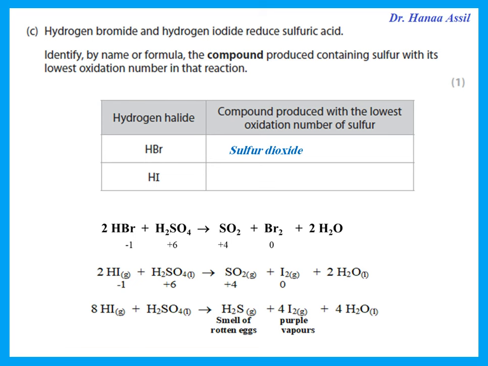So it's either SO2 and H2S. You can see that in SO2, the oxidation number is +4. What about in H2S? In H2S, the sulfur is -2, and he wants the one with the lowest oxidation number, so it is hydrogen sulfide.